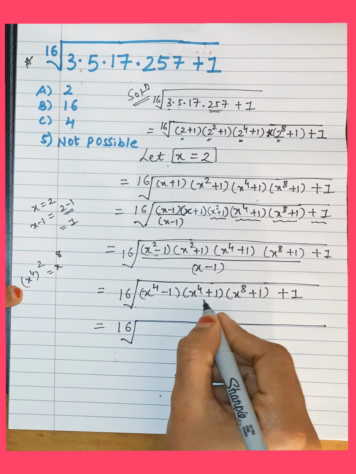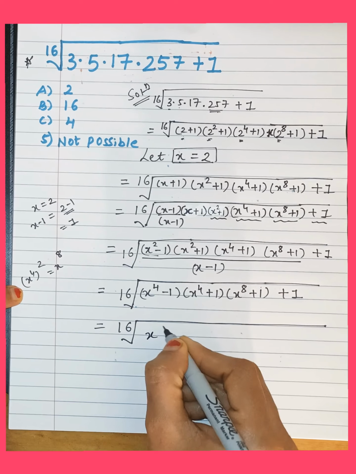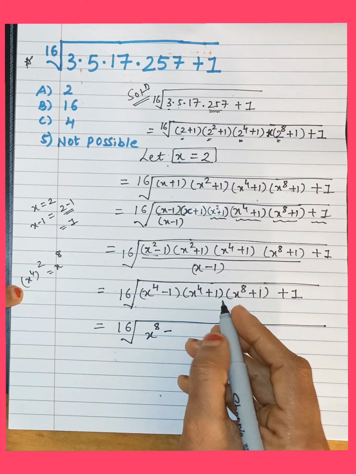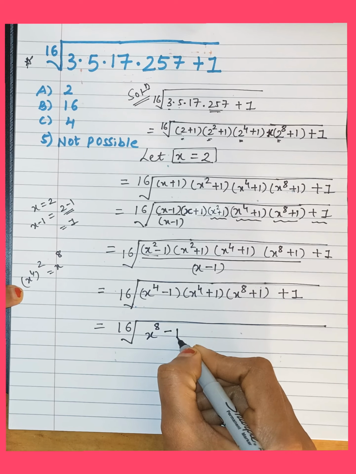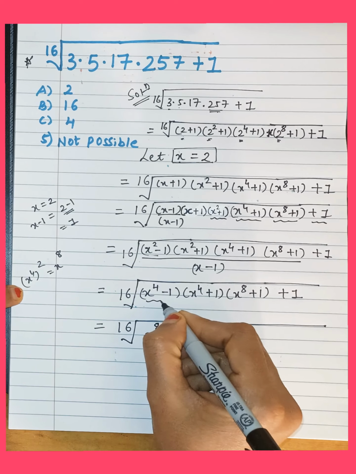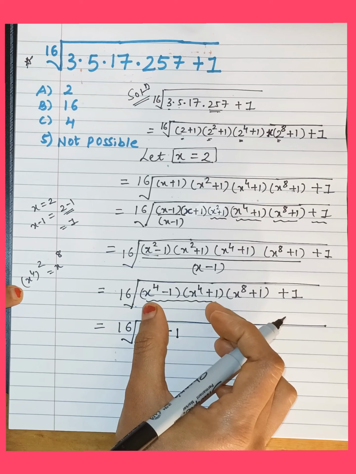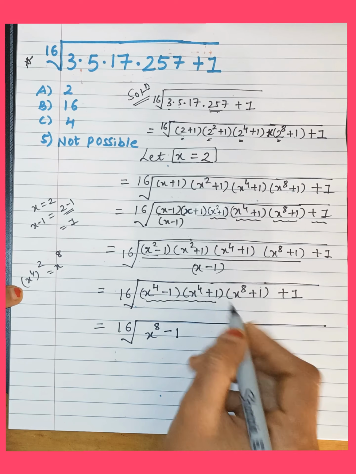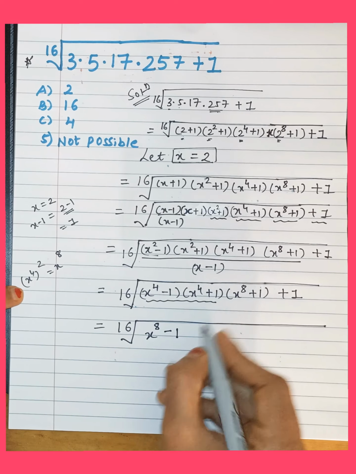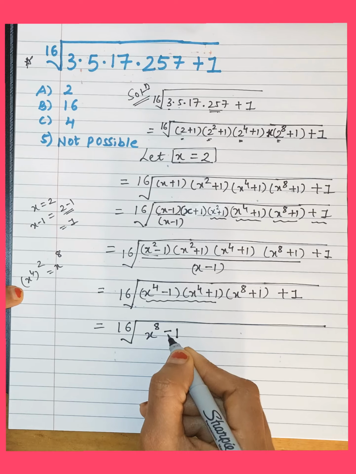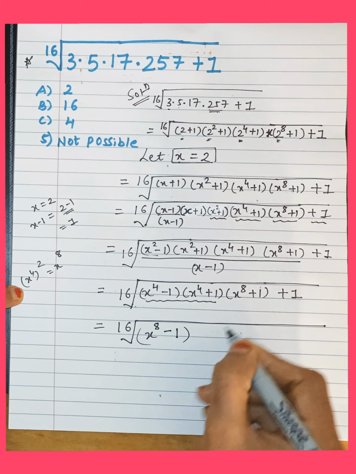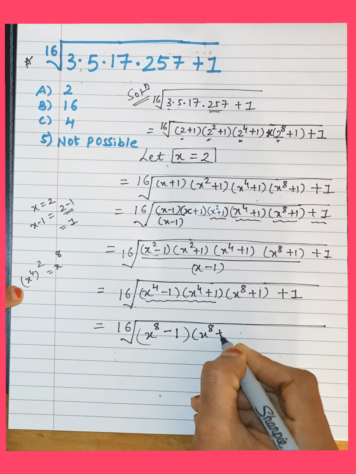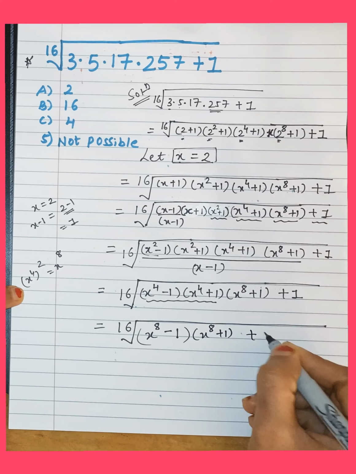So a square minus b square will give us x raised to 8 minus, in place of b, we have 1, so minus 1 square, that is 1. So this is the identity a minus b into a plus b, that is a square minus b square, and that is x raised to 8 minus 1. Hope you understood. Now writing this x raised to 8 plus 1 as it is, and this plus 1 as it is.